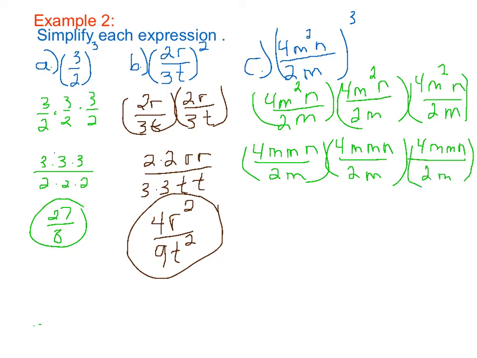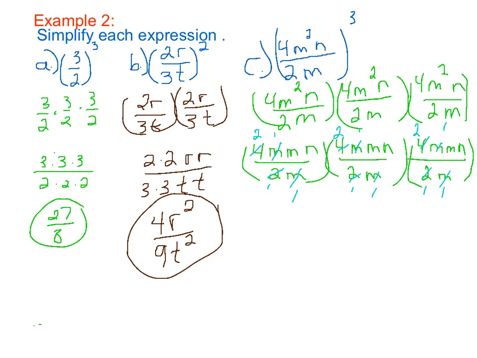If we look to simplify these here, we've got 4 divided by 2, that simplifies to 2. m divided by m, those simplify. And these actually are all the same, so I'm just going to quickly do that. And then look at what we've got that remains now.